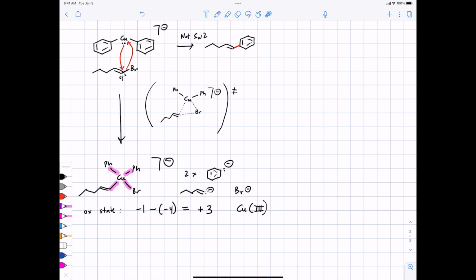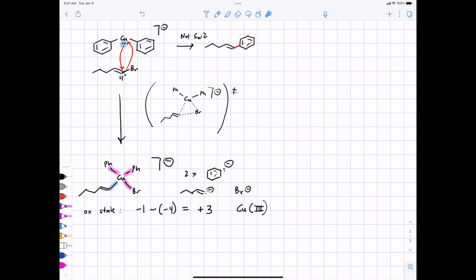And what's that oxidation step? Well, it involves 2 electrons that used to be on copper, now belonging to one of the ligands. I should say you can't actually tell which electrons come from copper and whether they end up in the copper-carbon bond or the copper-bromine bond.